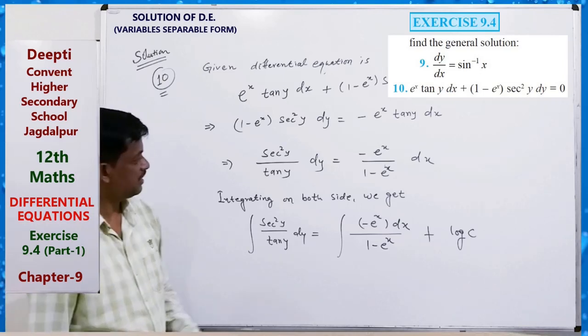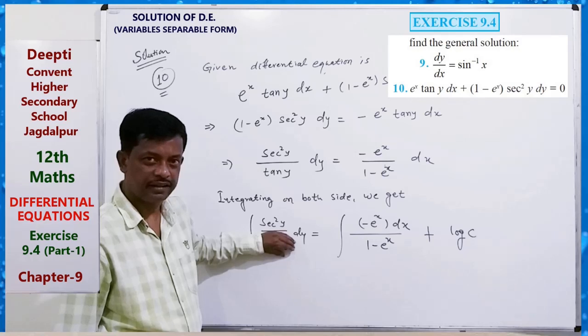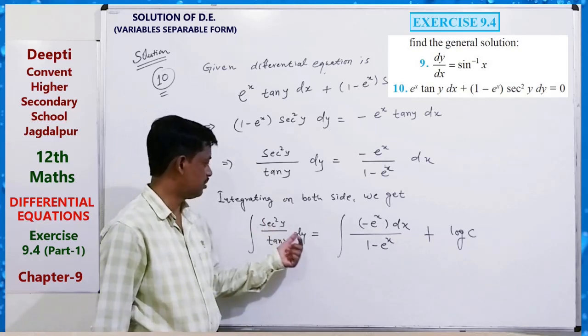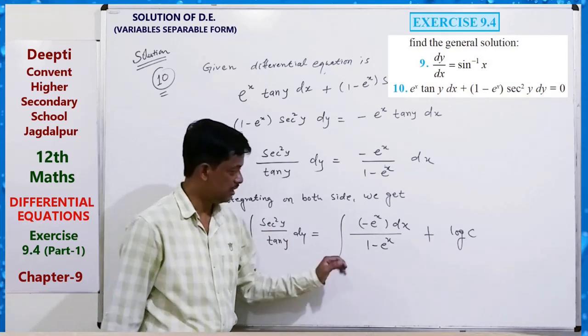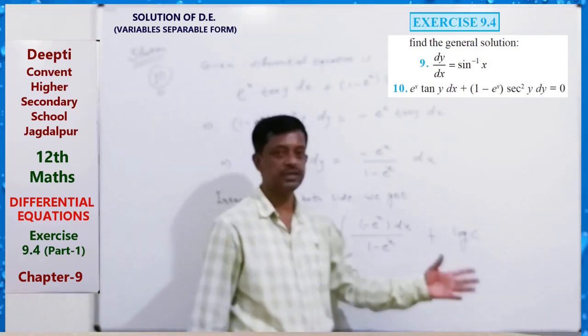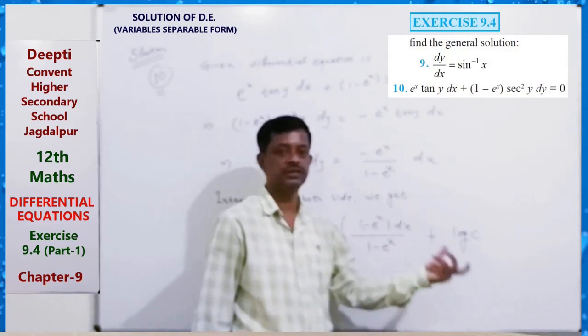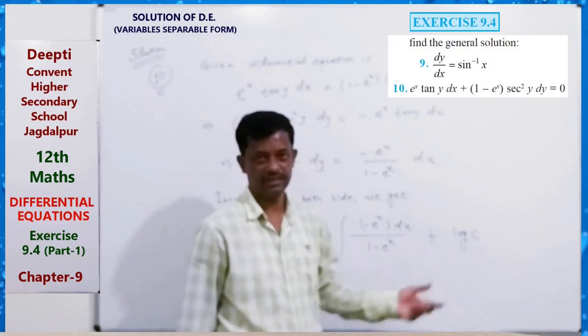Here if we take this t, then sec square y dy equals to dt, dt by t, log t means log tan y. Here if we take this t, then minus e to the power x dx equals to dt, dt by t, log t means log 1 minus e to the power x.